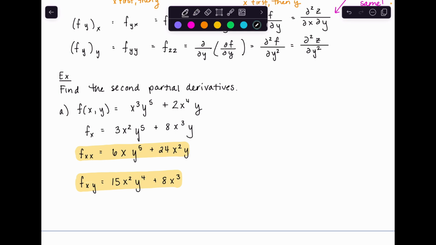Now I need to do the same thing, but I need to start with the partial with respect to y. So beginning back with my original function, differentiating this would be 5y to the 4th. So the first component is 5, the x cubed stays, and then we get y to the 4th. Derivative of this is 1, so we just get 2x to the 4th.